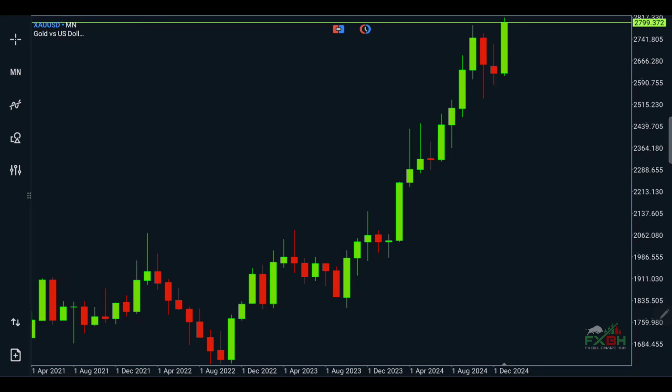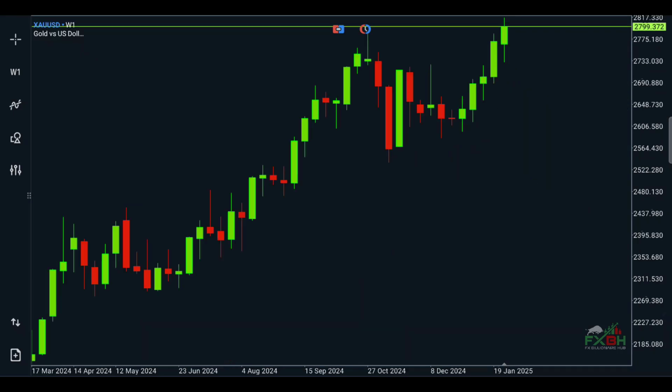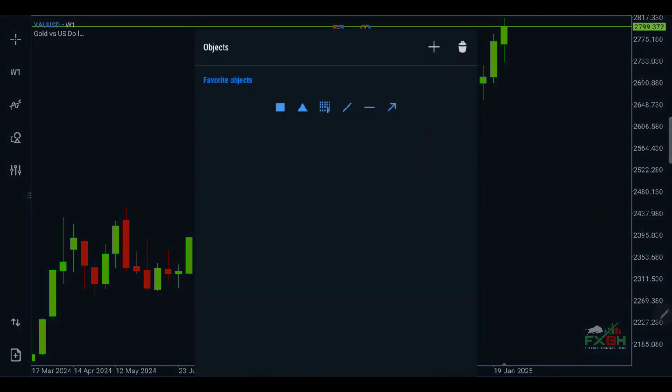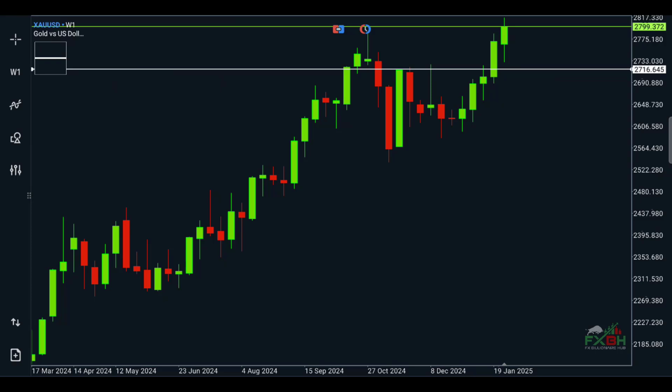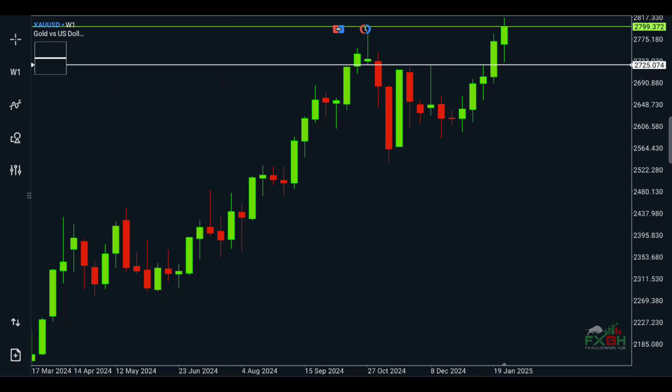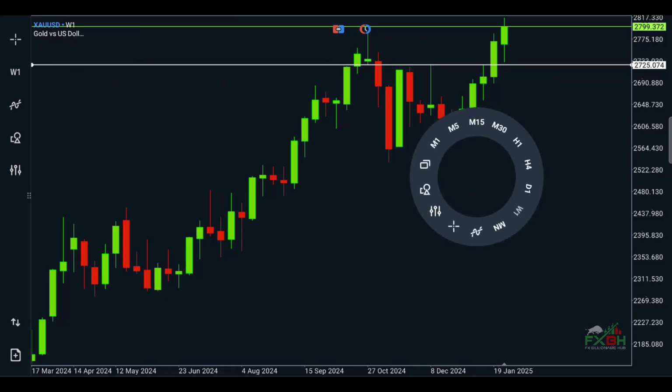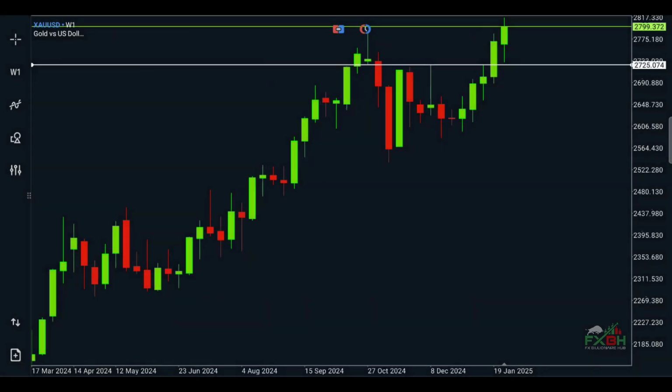If we try to find out a support or resistance zone on weekly time frame, let me select weekly time frame. Let me draw some support and resistance area, and another one like a trend line.